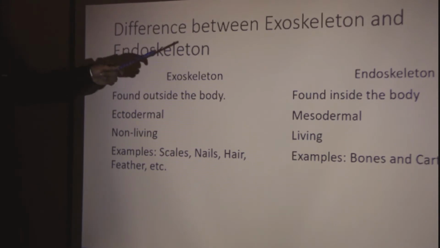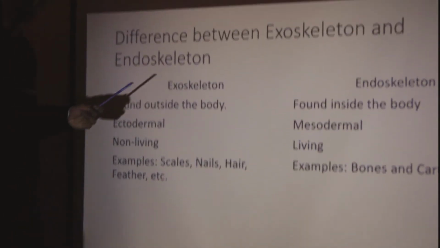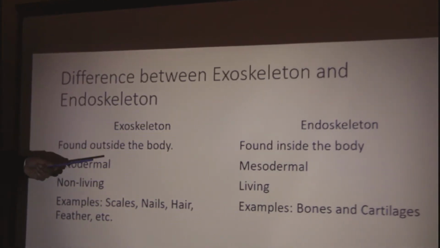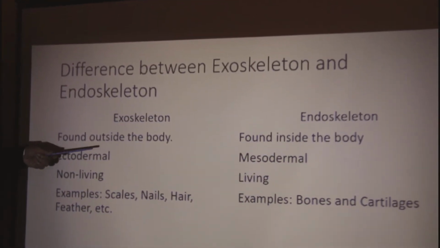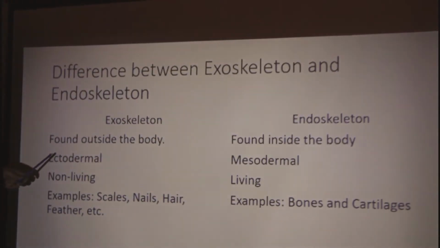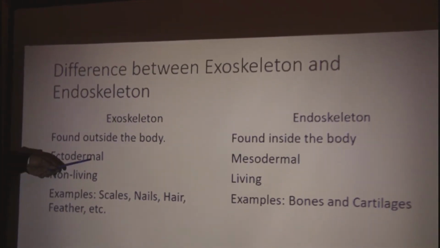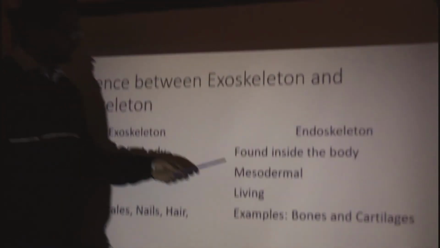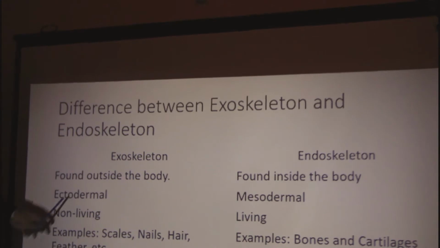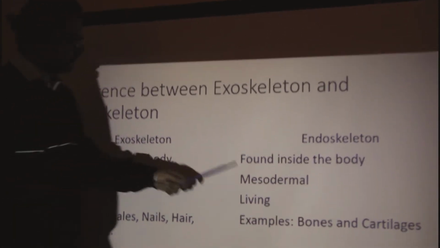Difference between exoskeleton and endoskeleton. The exoskeleton is found outside the body, and the endoskeleton is found inside the body. The exoskeleton is ectodermal in nature. The endoskeleton is mesodermal in nature. The exoskeleton is non-living, the endoskeleton is living.